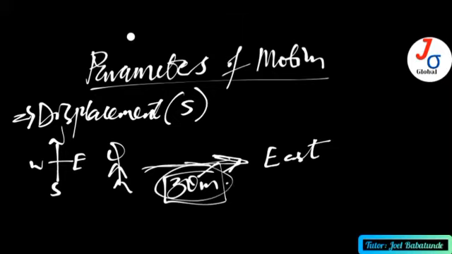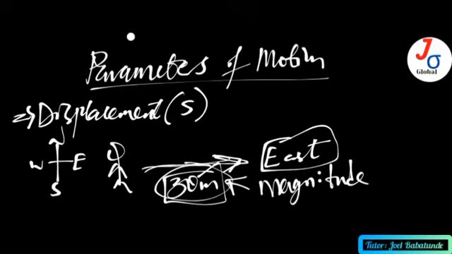So this is what we call magnitude, how far something should be. How far? 30, 50, 1 million, 10,000. East is direction. North, south, west, 30 degrees north, 50 degrees east. These are directions.